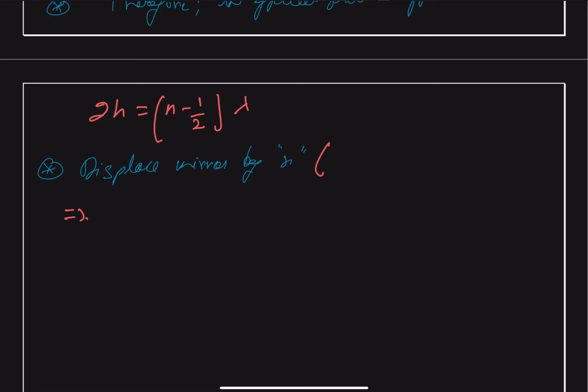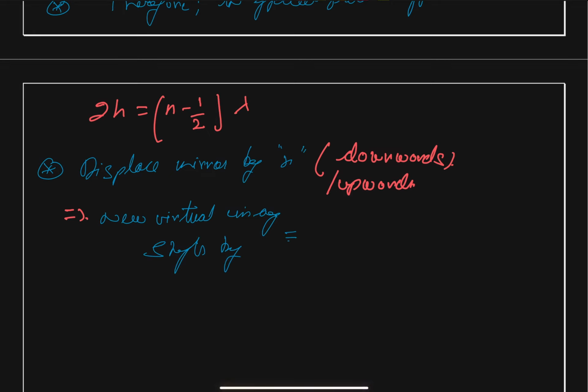So the new virtual image shifts by a distance of 2x.